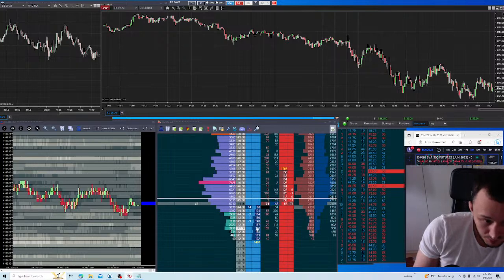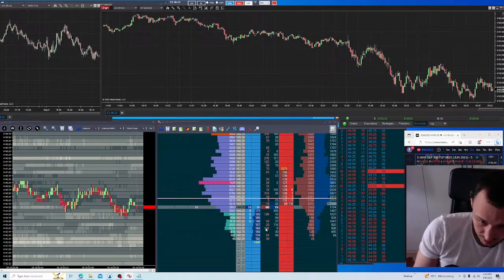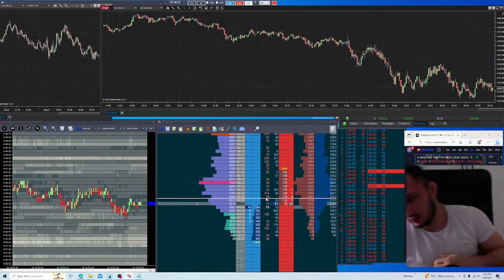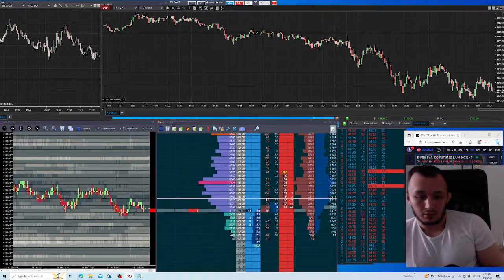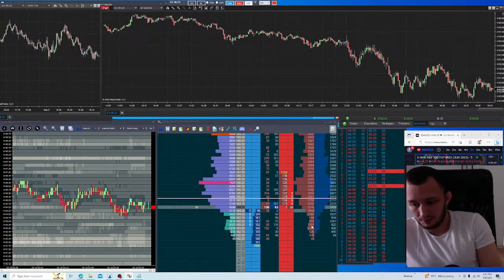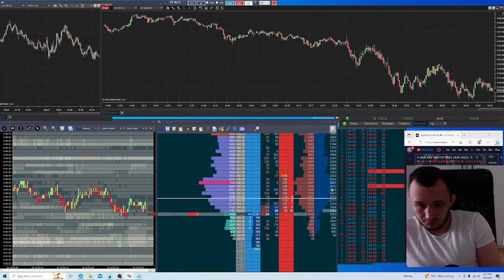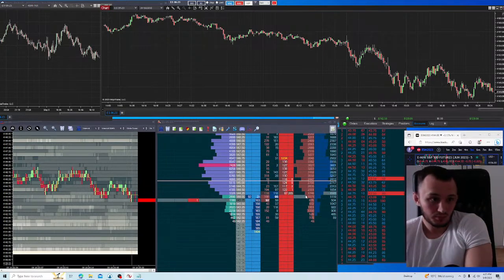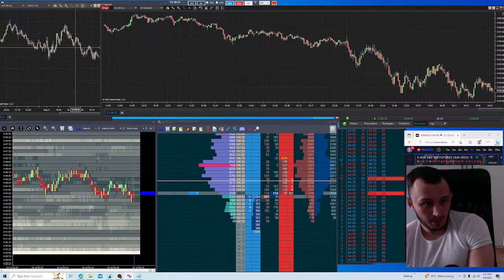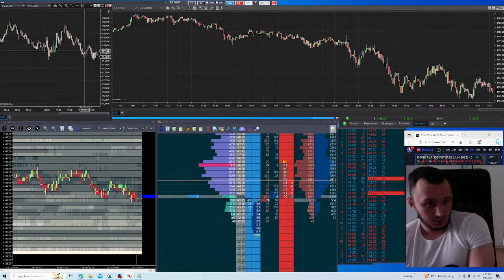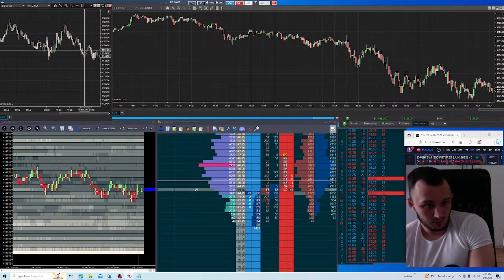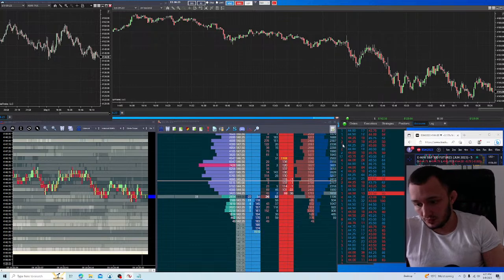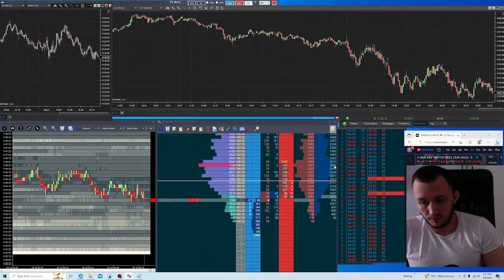44. Do have buyers here. Now the bid is getting a little bit weaker. Here as well again. So we do see the bid getting a little bit weaker here.